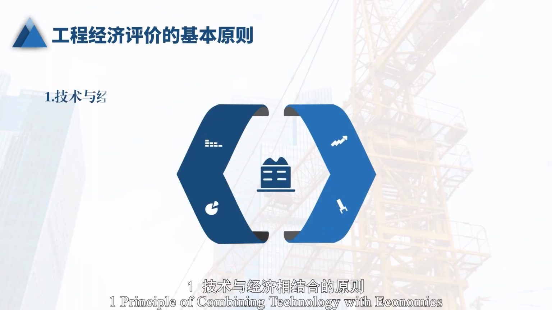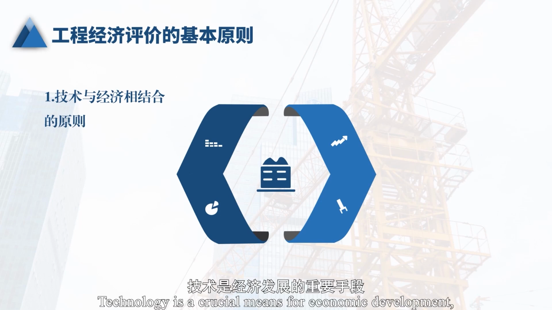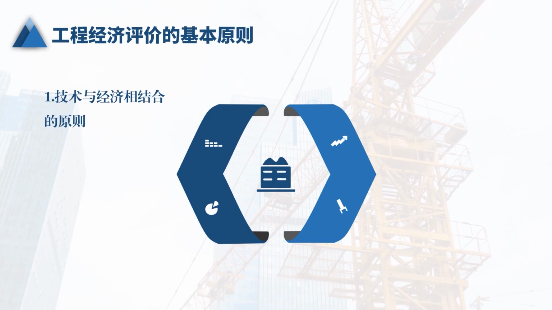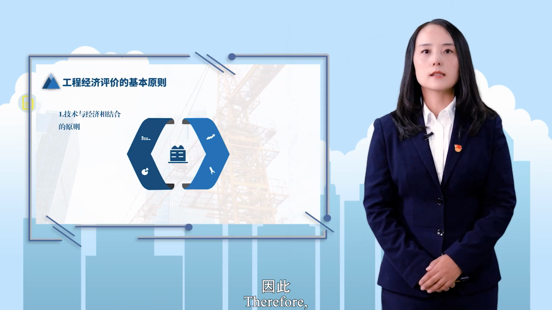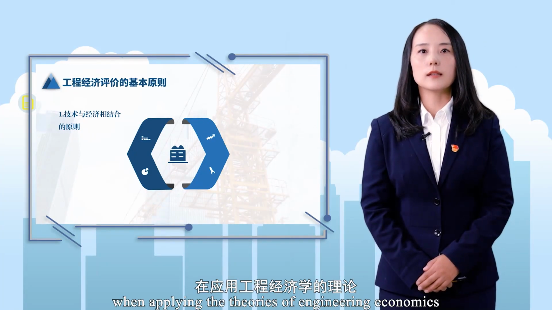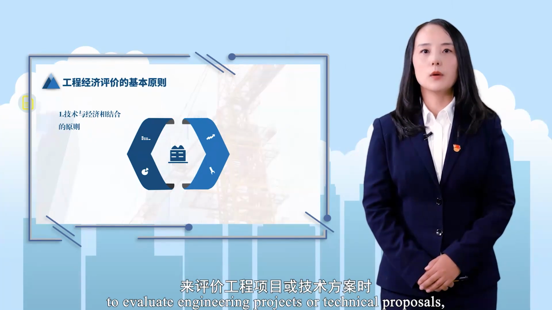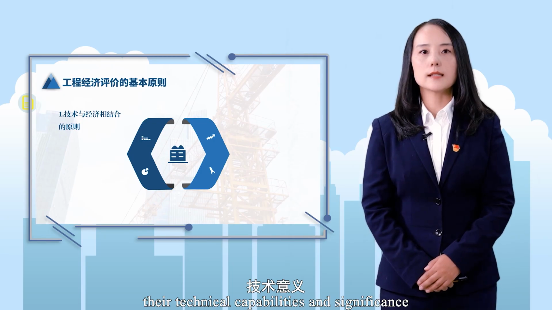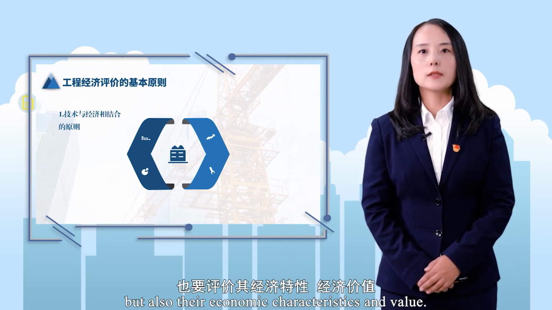First, principle of combining technology with economics. Technology is a crucial means for economic development, and it emerges and evolves within certain economic conditions. Therefore, when applying the theories of engineering economics to evaluate engineering projects or technical proposals, it is necessary to assess not only their technical capabilities and significance, but also their economic characteristics and value.